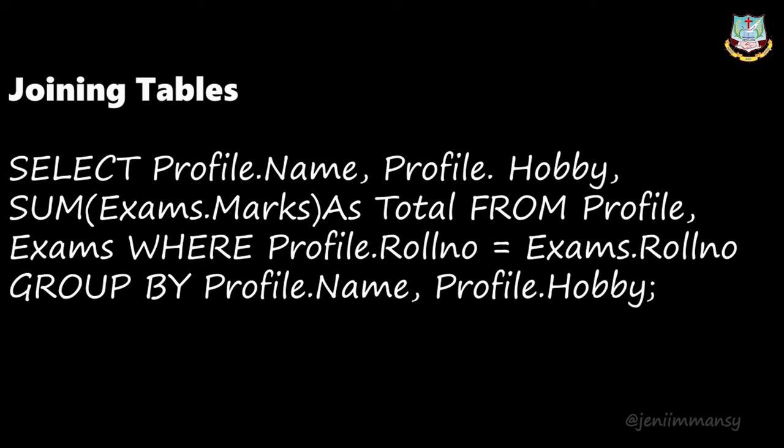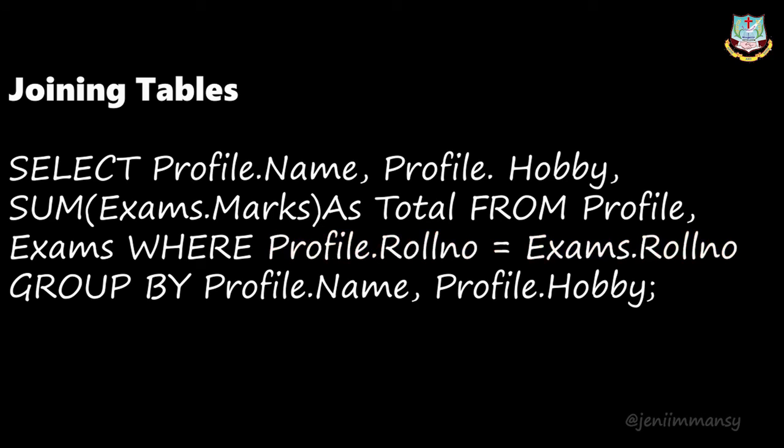We are giving two tables, right? One is profile and another one is exam. So from profile, exam, where profile.roll number is equal to exam.roll number. That means the roll number column in the profile table and the roll number column in the exam table are equal.